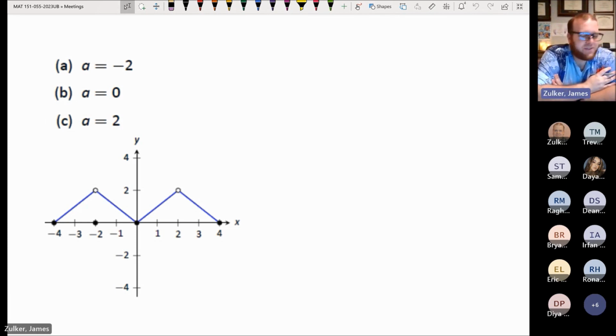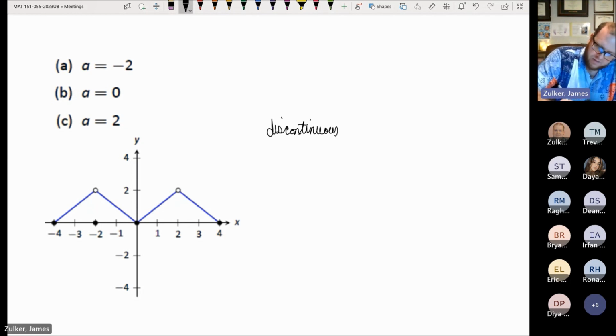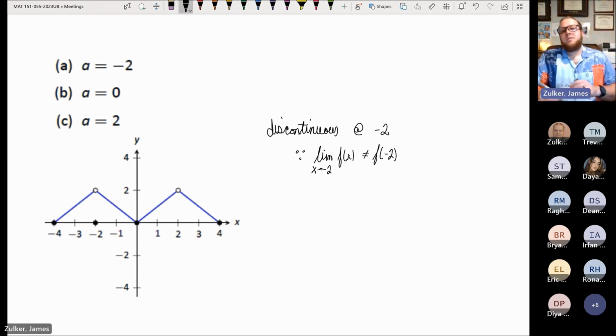All right, here we have 3 points that we want to look at. We are discontinuous at -2, because the limit is not equal to f of -2.